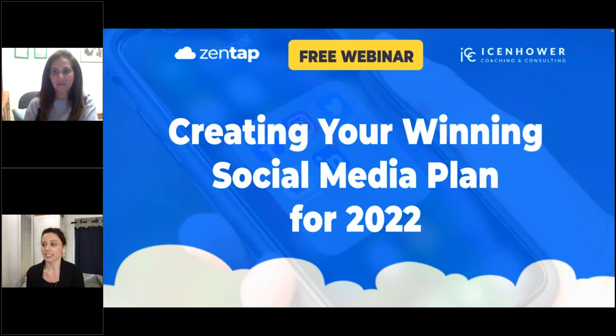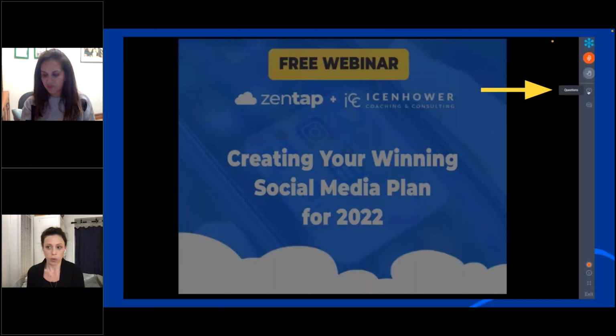Just before we get into everything, I've gotten some feedback from past webinar attendees that they've had some difficulties figuring out how to engage with the questions tab. So I'm just wanting to quickly show everyone here. As you can see on the right-hand side of the screen, there is a little question mark.